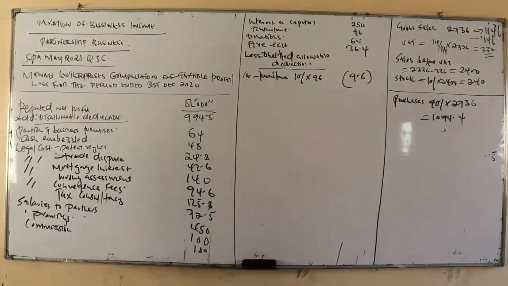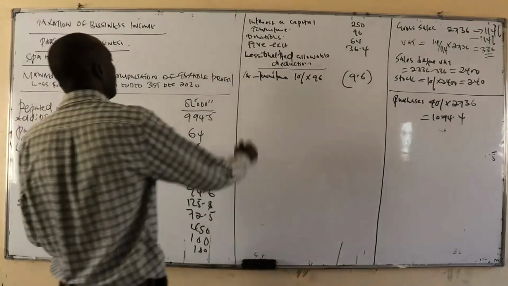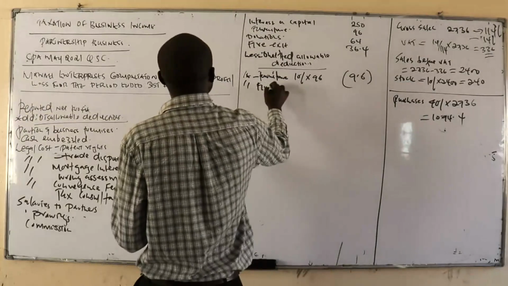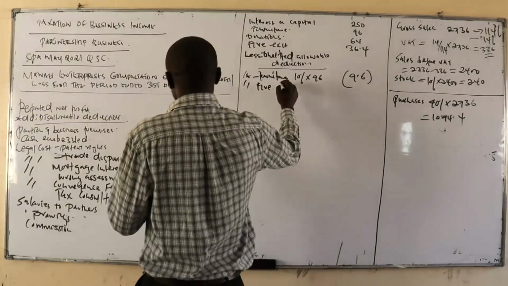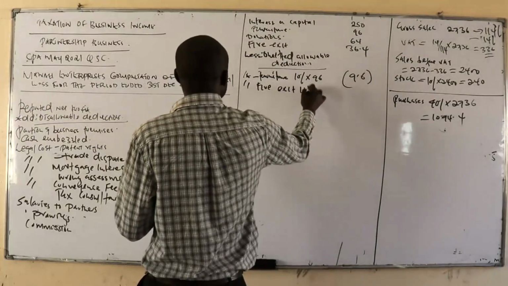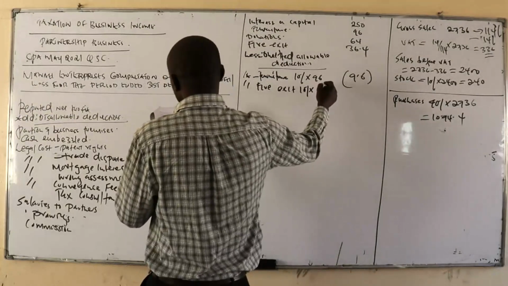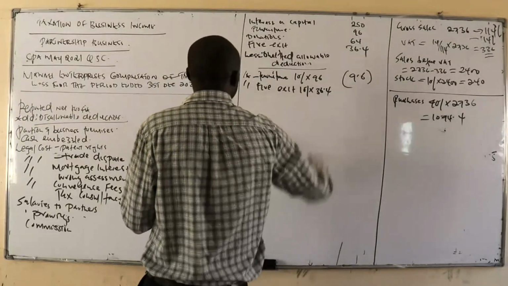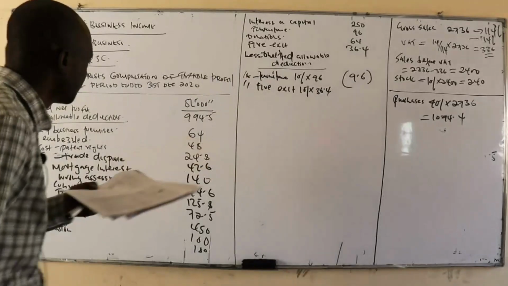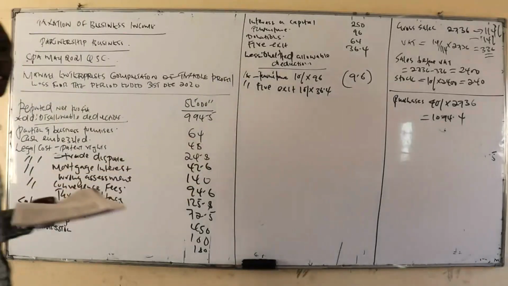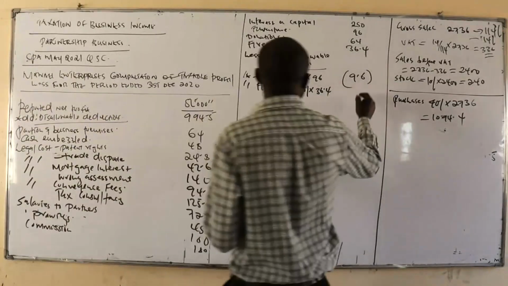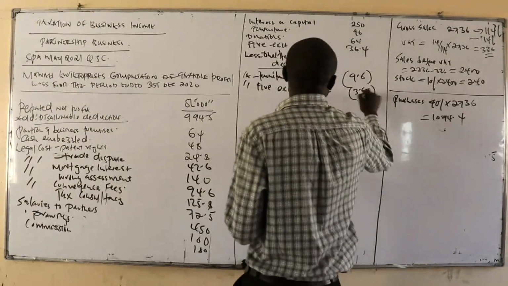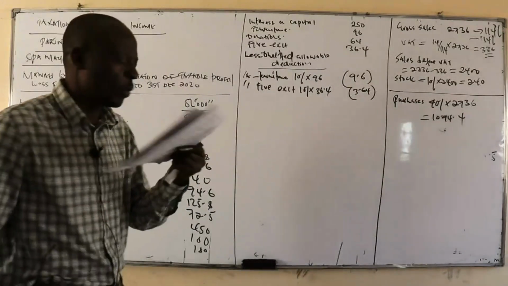Do we understand? And then we also have fire exit. Fire exit is 10% times how much? 36.4. 10% of 36.4 is how much? 3.64. You deduct that one. Any other capital item that we have?